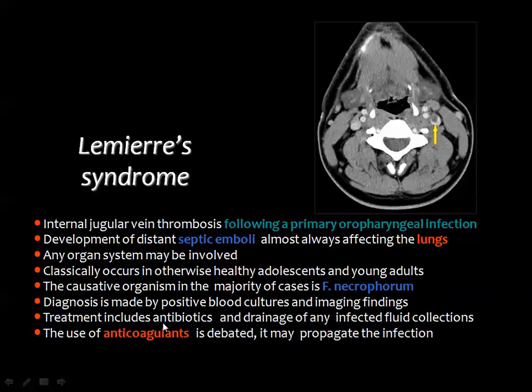This disease affects healthy adolescents and young adults. Then the causative organism in the majority of cases is Fusobacterium necrophorum. And this organism can lead to thrombosis of the internal jugular vein and is also present in the emboli, or the showers coming from this thrombus. Then the diagnosis will depend on the blood culture and the imaging findings.